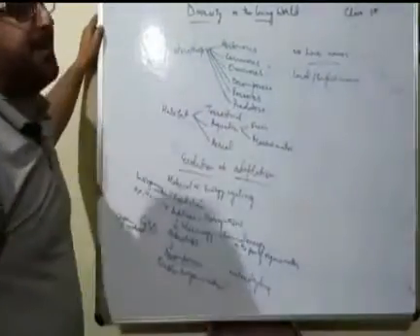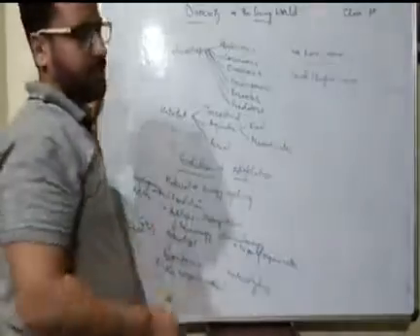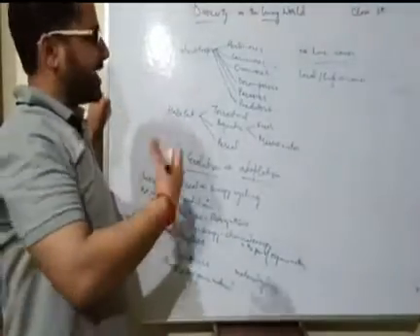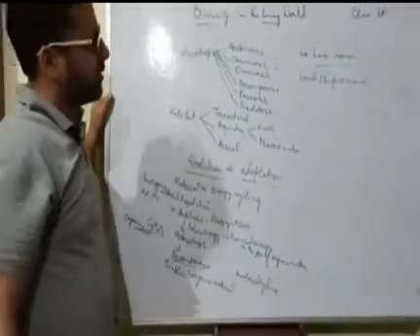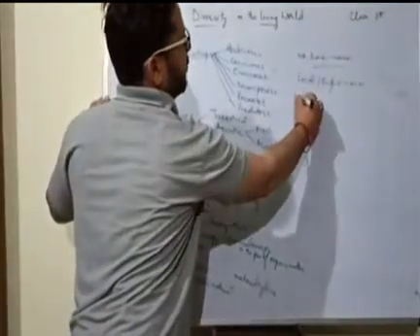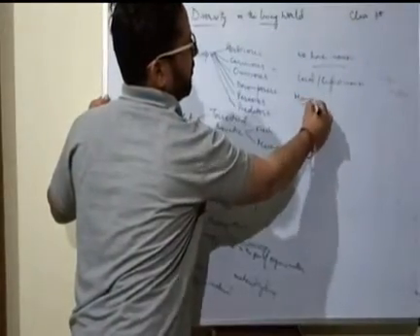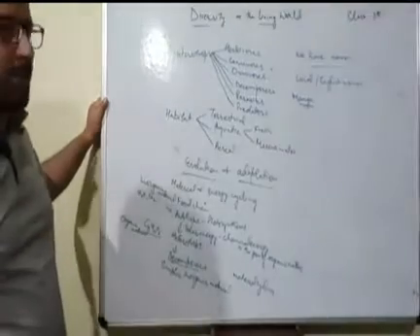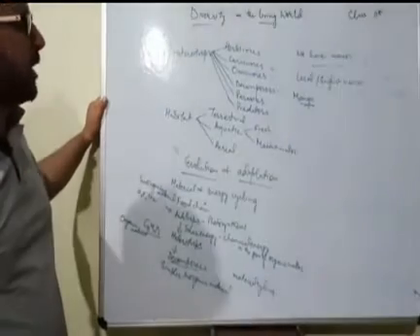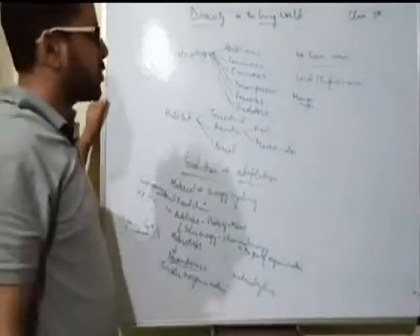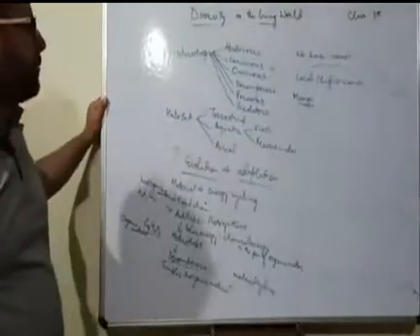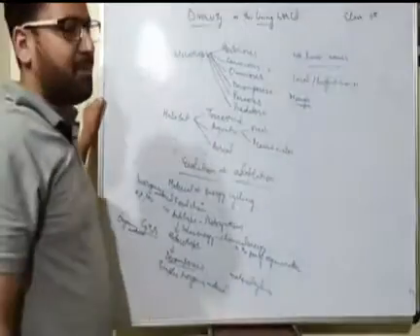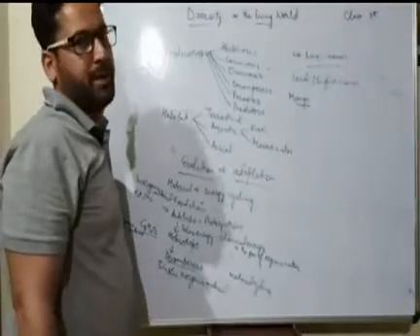But they are misleading. They change with time and place, as well as with the language. These common names, like mango, can't be called mango in Russian or any other language or any other place. So there is a dire need of understanding this living world with the help of some universal naming.